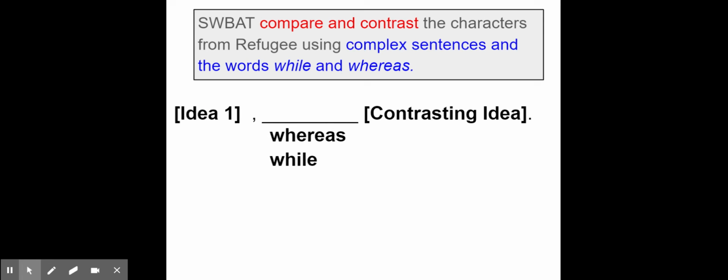So with modeling, some strategies that I used were sentence frames. And you can see another example here. If students are comparing and contrasting characters from a novel, I'm providing them a sentence frame where they can use while and whereas to do so. You can also use color coding here.